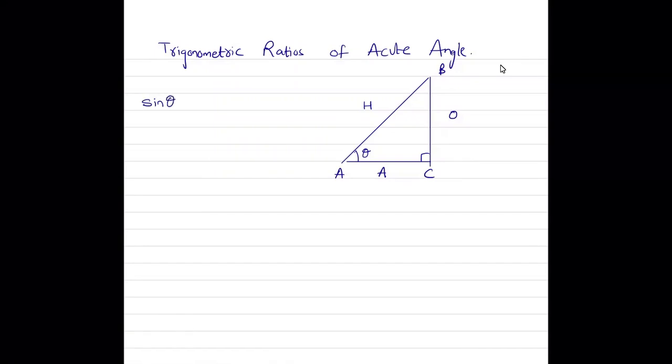So sine theta, cos theta, tan theta. This is read as sine of angle theta, cosine of angle theta, and tangent of angle theta. But for short form, we can write sine theta, cos theta, tan theta. Now sine theta is the ratio of the opposite side over the hypotenuse, meaning this side upon this.